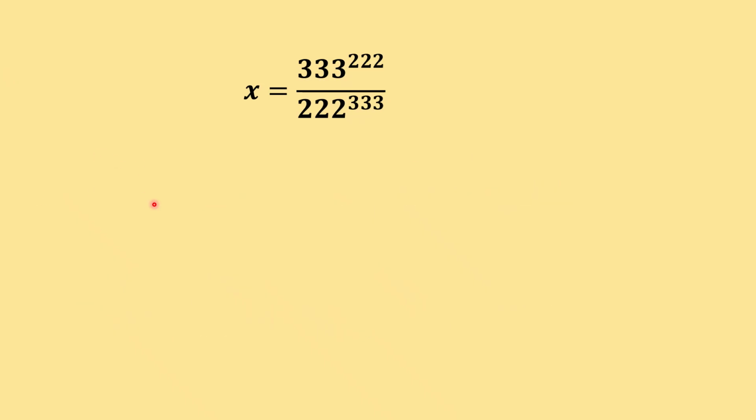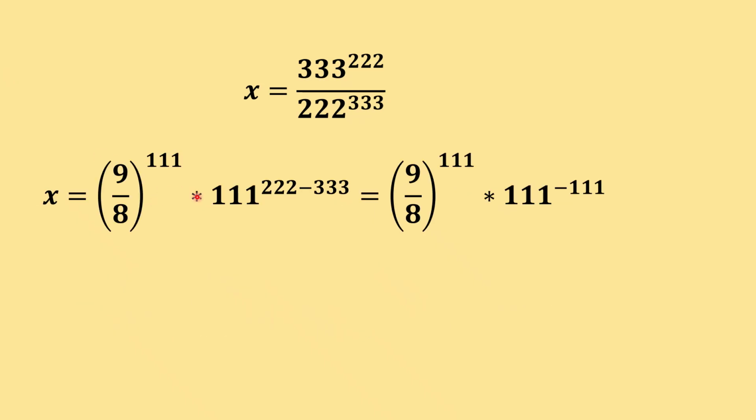So we got (9 by 8) power 111 and 111 power (222 minus 333), and 222 minus 333 is minus 111. So (9 by 8) power 111 into 111 power minus 111.